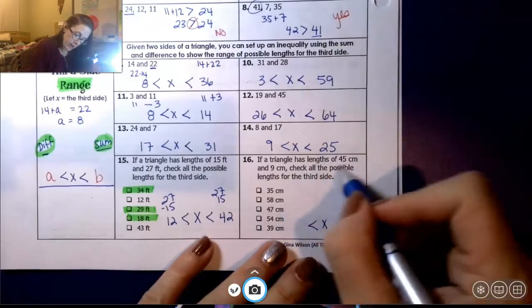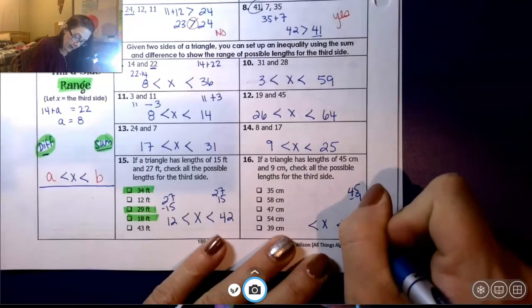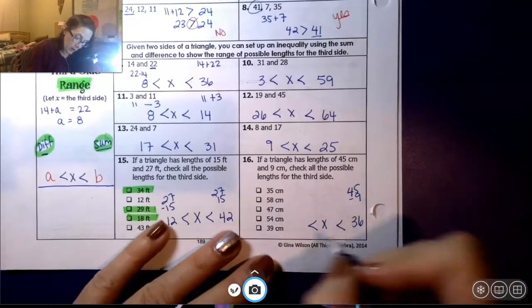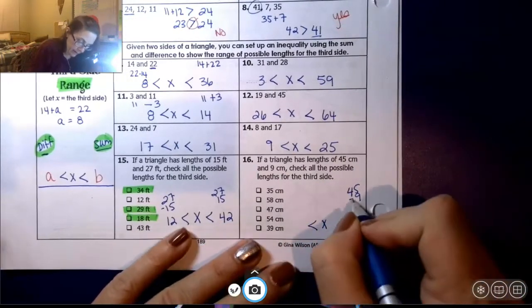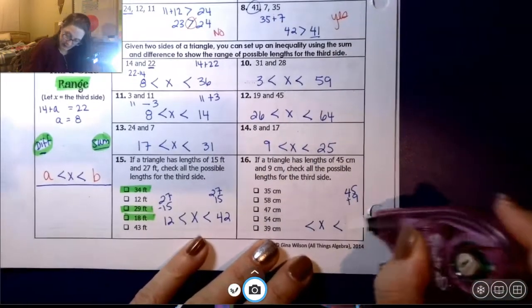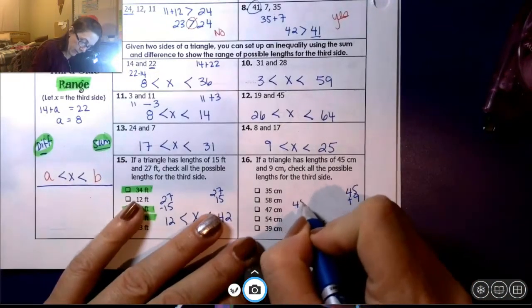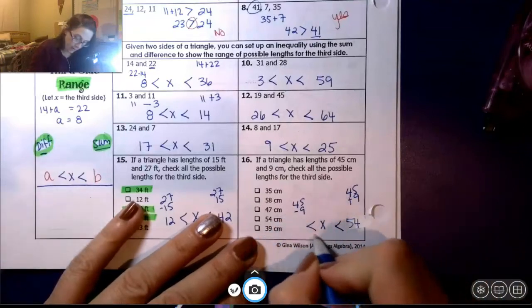Again, over here, the triangle has lengths of 45 and 9. So 45 minus 9, I can have a length of 36. Or, no, over here I add, sorry. 45 plus 9, and we get a length of 54. Or over here 45 minus 9, which gives me a length of 36.